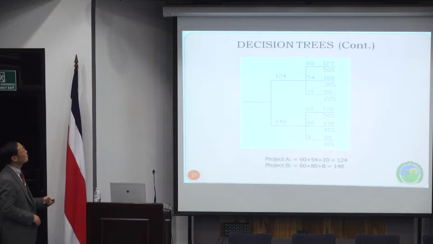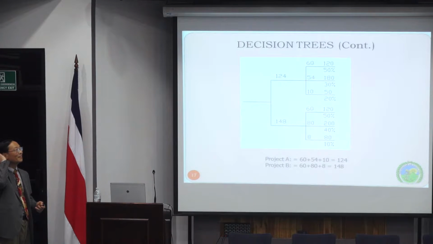I use the probability times the value, and I add them together to get a total of 124. In other words, for project A, most likely I can make 124. You may not make exactly that much. That's what we call expected value.